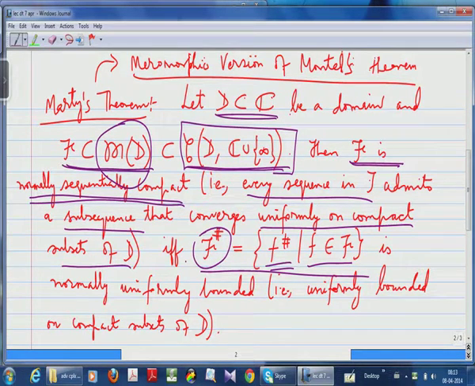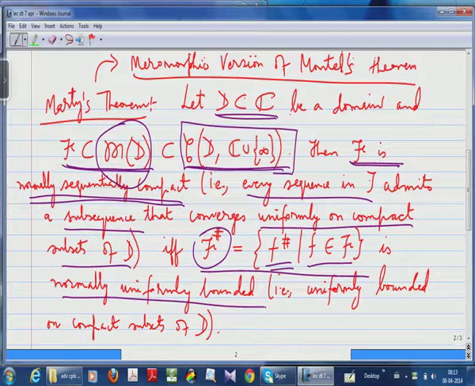This is the family of spherical derivatives, and it should be uniformly bounded on compact sets. So in a nutshell, boundedness of derivatives is equivalent to compactness.